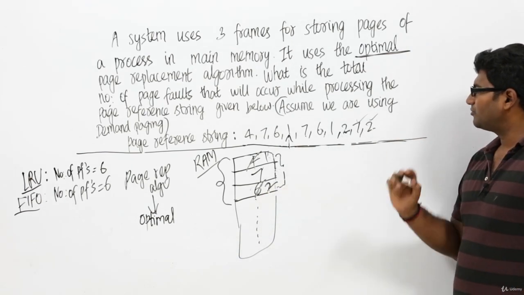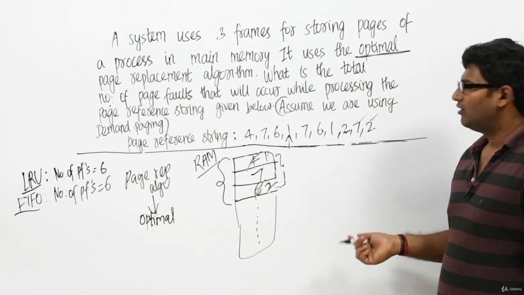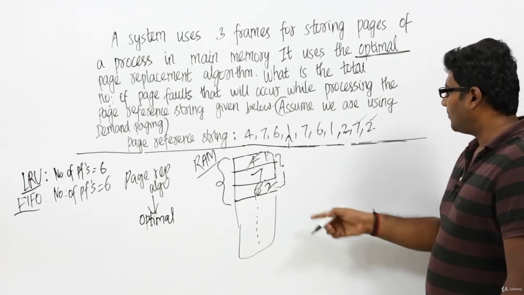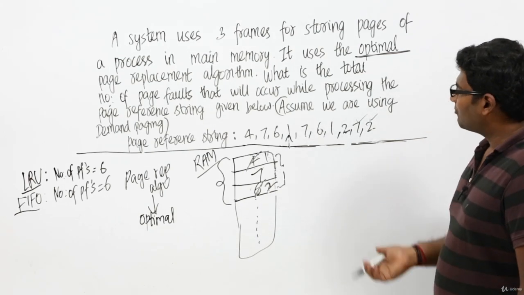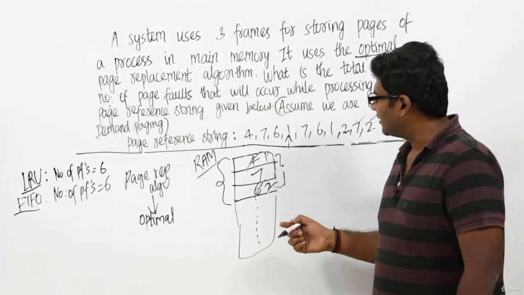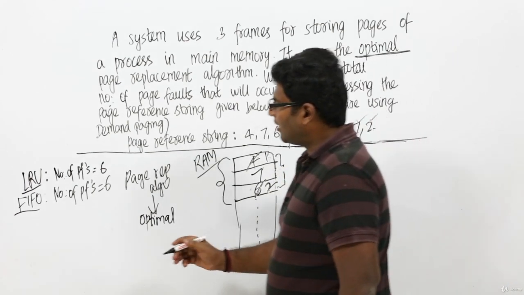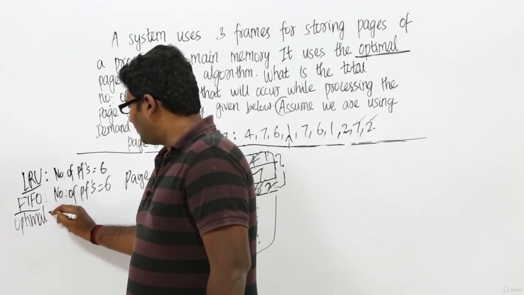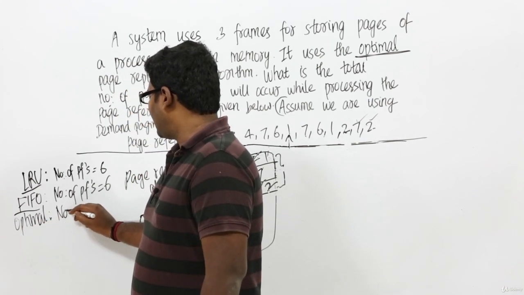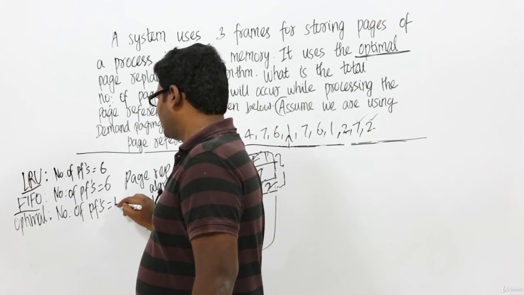So again CPU refers page number 7. See, page number 7 is already present, so no page fault. CPU refers page number 2, page number 2 is already present, so again no page fault. So the number of page faults coming to optimal page replacement algorithm is 1, 2, 3, 4, 5, right? The number of page faults is nothing but 5.